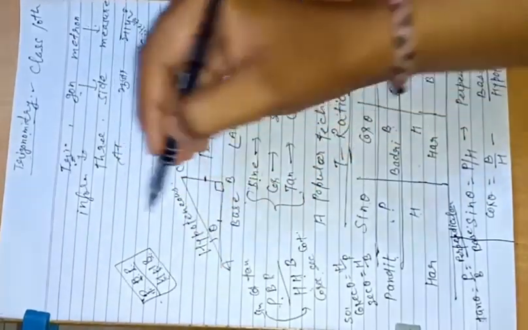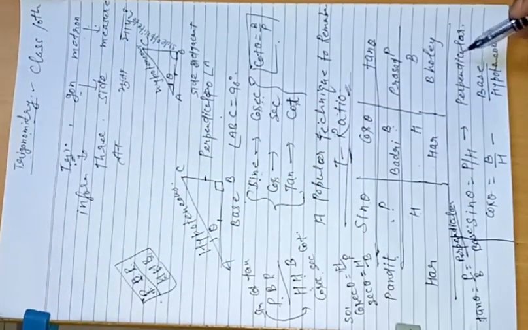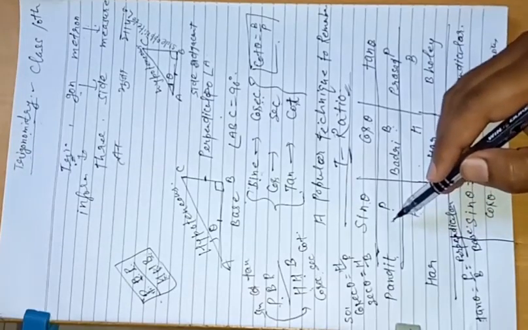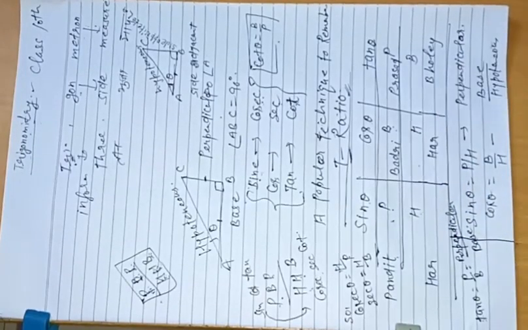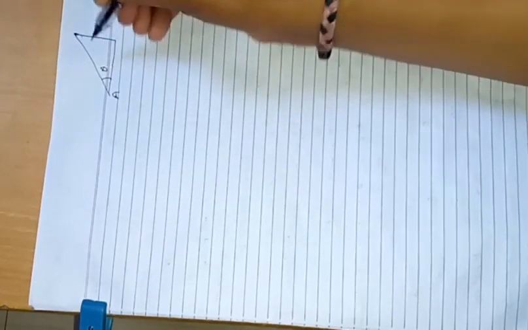So here we find the technique to remember a T ratios. Now next, now take in other figure, which is an acute angle. Angle A is equal to theta.